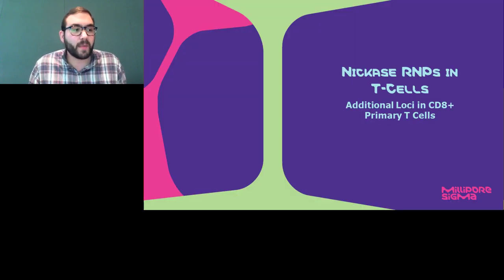We wanted to expand our scope and test this new system in a variety of immunotherapy targets in T cells to ensure that the system is just as flexible as wild-type SP-Cas9 is.